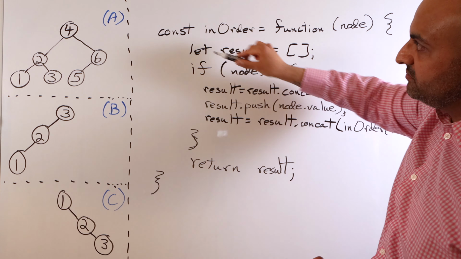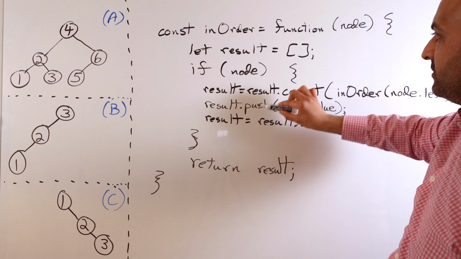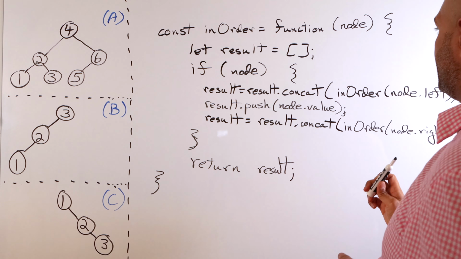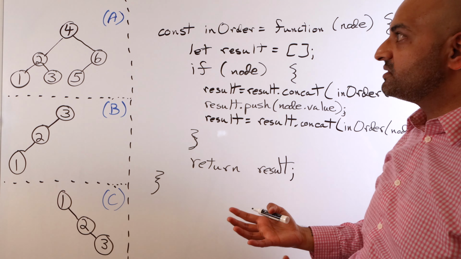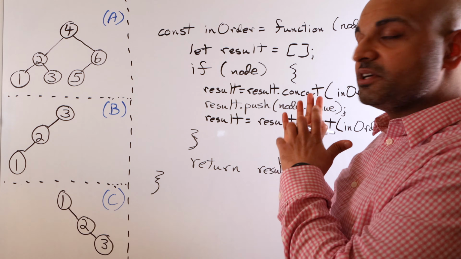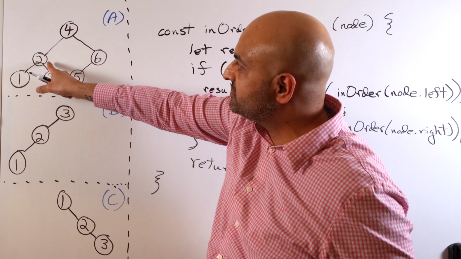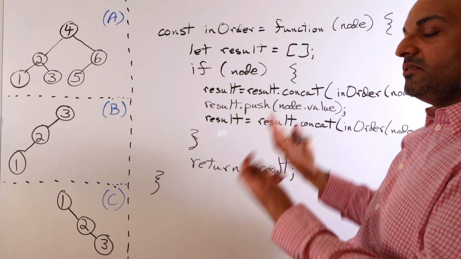If node, well, it's the root node, so I know it is defined. So we jump in here and say result equals result.concat(inOrder(node.left)). At that point, the control of the entire program shifts. Now we call this function over again, but this time we pass in the left node of 4, which is the 2. Then we come in here and we have another result array.